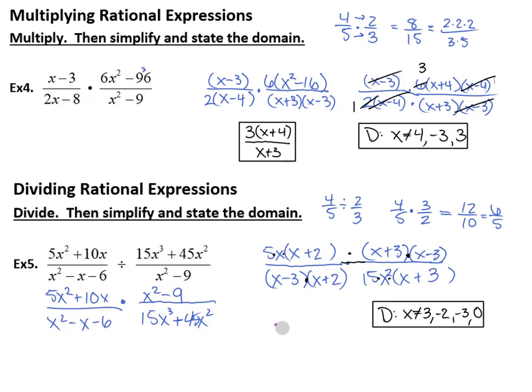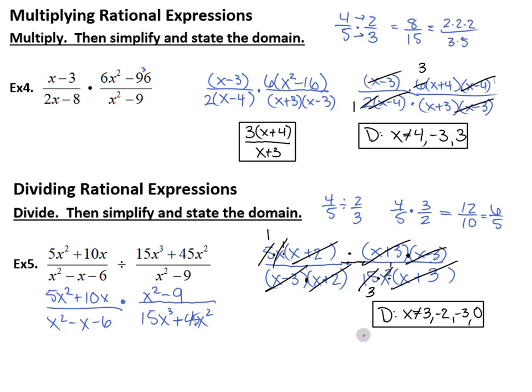Okay, our last part here, of course, let's simplify this. I see an x plus 3 we can get rid of. I see an x minus 3 we can get rid of. I see a 5 and a 15. If I divide each by 5, that gives me a 1 and a 3. An x plus 2 we can get rid of. Wow. And in fact, we have 1x, x to the first, and x squared. We can get rid of 1x between the top and bottom.